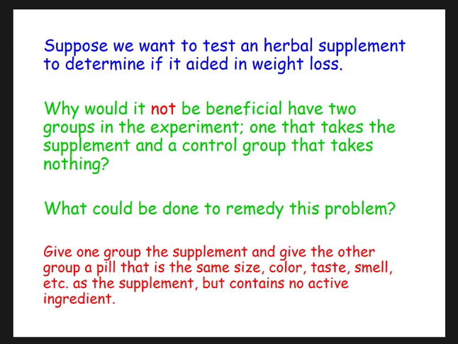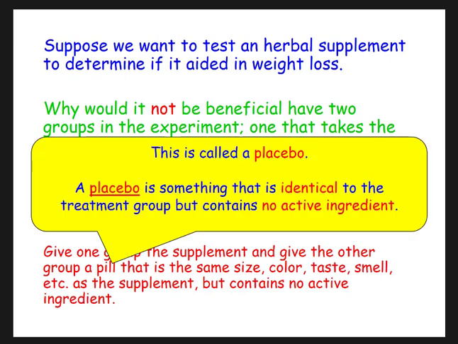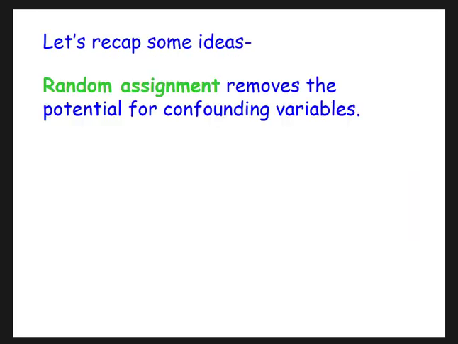This is the placebo effect: the group getting the pill might think they're going to lose weight, so they do, the other group doesn't. So they're given the identical treatment even though there's no active ingredient there that could have any effects on them. And their random assignment means we spread out the possible potential for confounding variables.